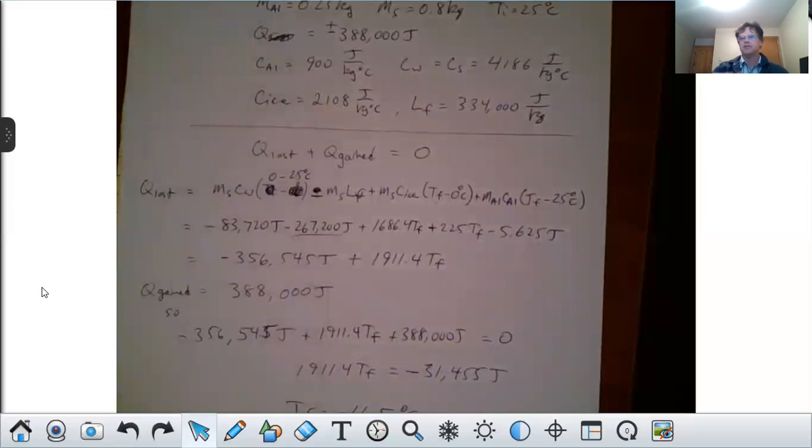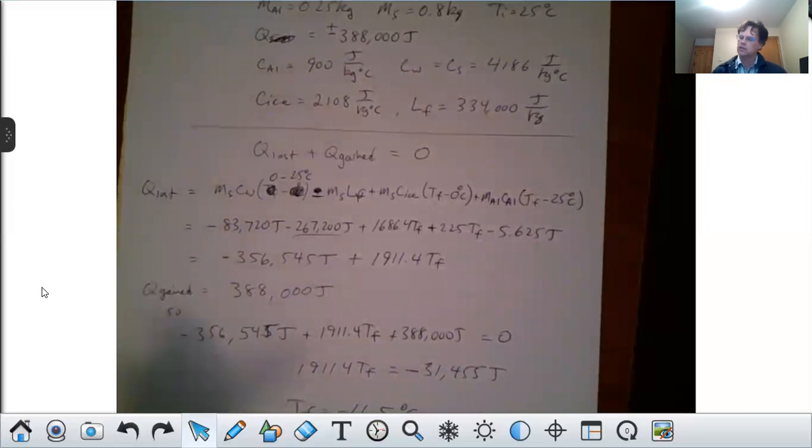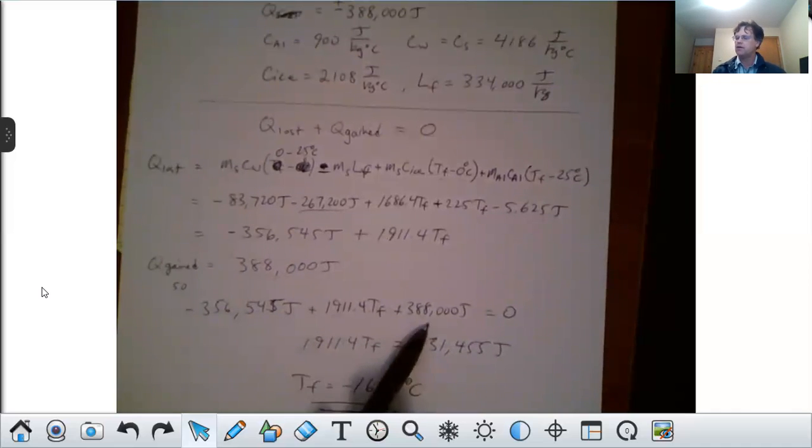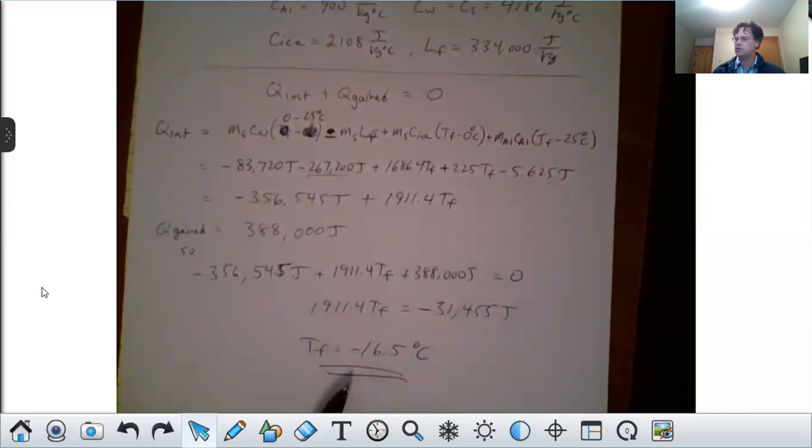Voltage gains and losses around a closed circuit are 0, just all about energy. But at this point, it's just a matter of mathematics. So I'm going to solve for TF, right? Add these over together and bring them over and divide by the 1911.4, and I get a final temperature of negative 16.5 degrees Celsius. So that's the final temperature that everything comes to, the soup and the aluminum bowl.